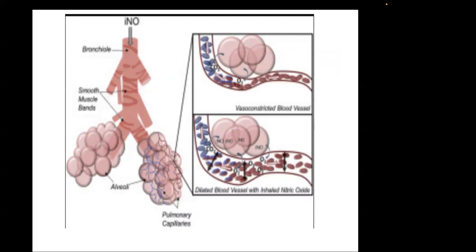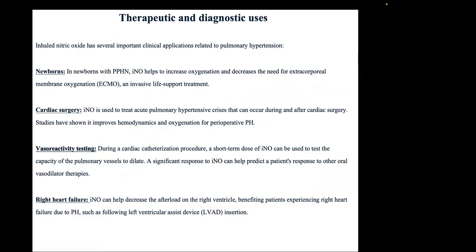This is the vasoconstriction of the blood vessel, and after use of inhaled nitric oxide, the blood vessels dilate. Inhaled nitric oxide has several important clinical applications related to pulmonary hypertension. In newborns with persistent pulmonary hypertension, inhaled nitric oxide helps increase oxygenation and decrease the need for extracorporeal membrane oxygenation and invasive life support treatment.